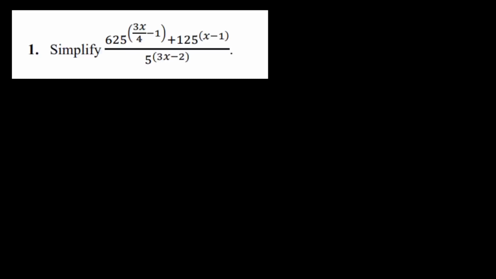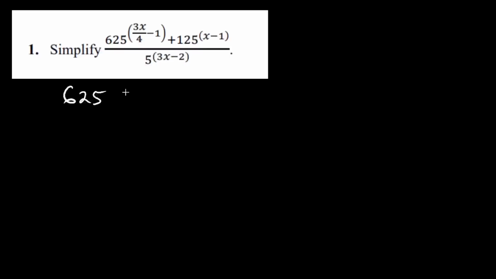Question 1 is simplify 625 to power 3x over 4 minus 1 plus 125 to power x minus 1 all over 5 to power 3x minus 2. So this is indices.